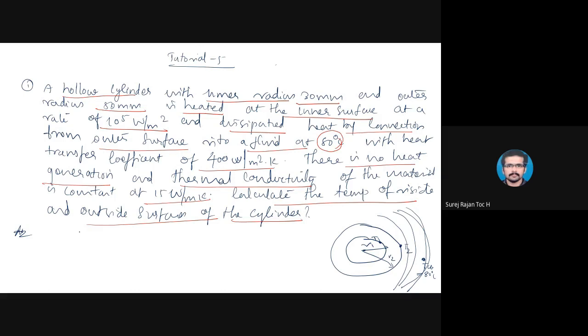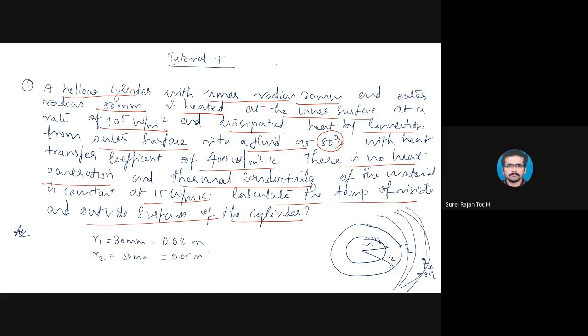Then just write what all things are given in this particular problem. First you write the things that are actually given. Inner radius is given, R1 is equal to 30 millimeter, that is equal to 0.03 meter, and R2 is 50 millimeter, that is equal to 0.05 meter.